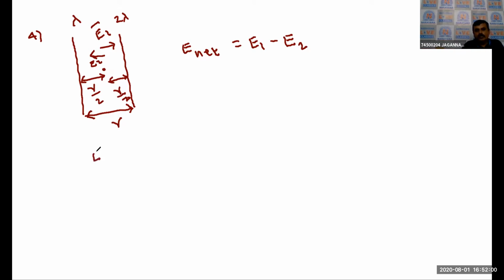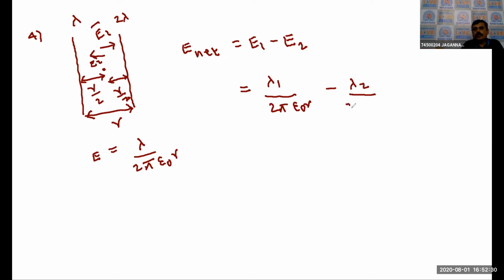The formula is E equals lambda by 2 pi epsilon naught R. Now we can substitute this formula for the different wires: lambda 1 divided by 2 pi epsilon naught R1 minus lambda 2 divided by 2 pi epsilon naught R2.